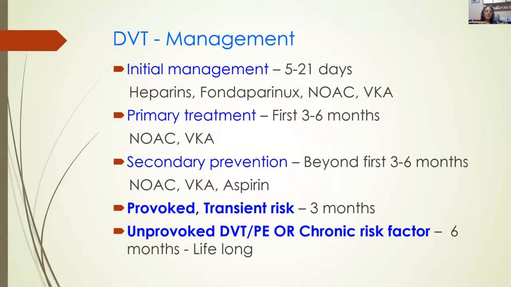While if the patient has unprovoked DVT or PE or has an associated chronic risk factor, such as malignancy or hypercoagulable state, then the first treatment is for 6 months and then needs to be continued. A nice way of saying that is long term, but actually it is lifelong.